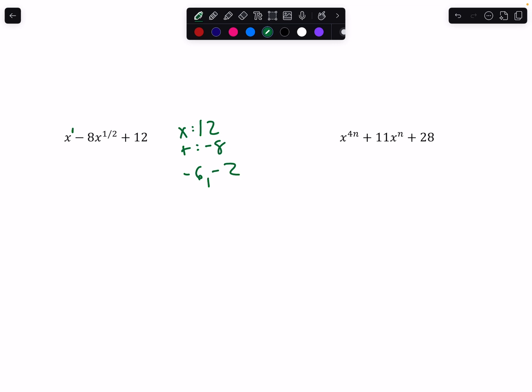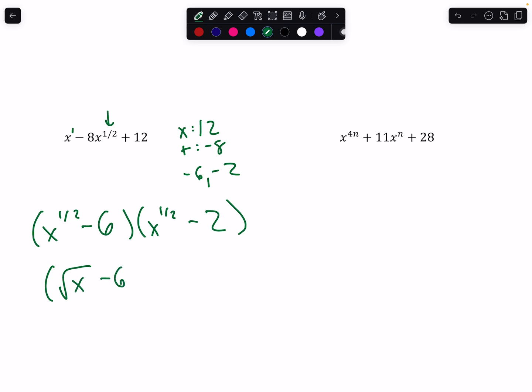So we can just take that middle term and make it x to the 1/2. x to the 1/2 minus 6 minus 2. You can circle that as your answer, but we usually don't like using fractional exponents in our final answer. So what I would do is write the square root of x and the square root of x. So square root of x minus 6 and square root of x minus 2.